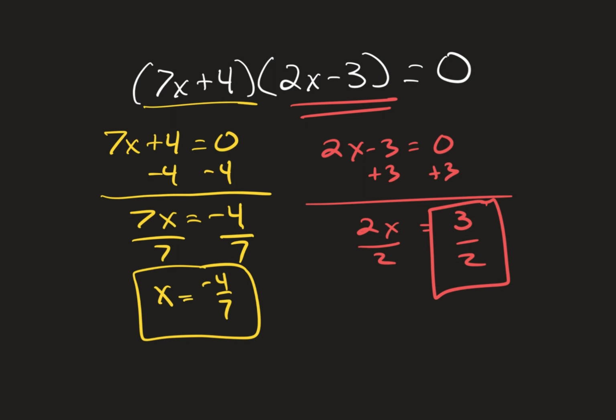Question so far? Try it on your own. Let's go n plus 7 times 2n plus 1 equals 0. Go ahead and solve that equation. It's already factored for you. Don't have to factor it. It's already done.